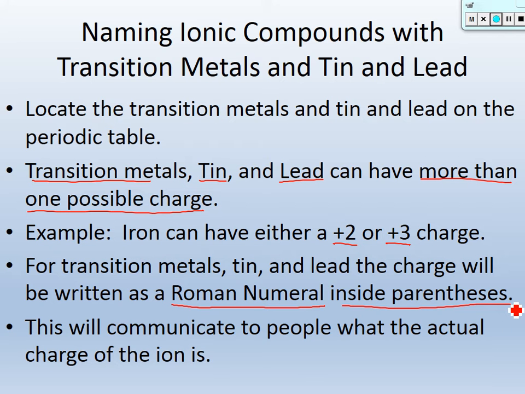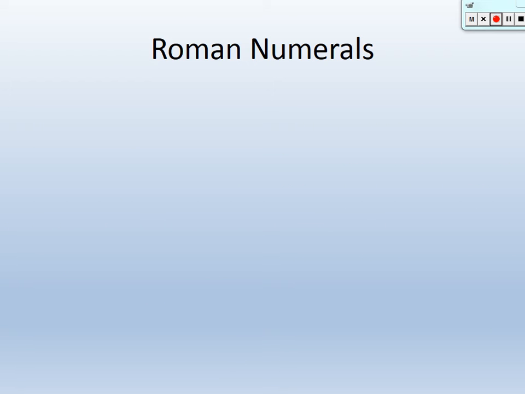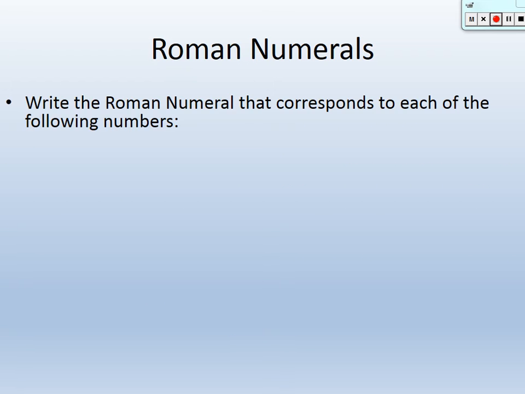When we write their charge in Roman numerals, this will communicate to people what the actual charge of the ion is. So if we need to put its charge as Roman numerals, let's review what Roman numerals are. I want you to write this, it's not in your guided notes, somewhere at the top of the page or in the margins, because you're going to have to know Roman numerals.